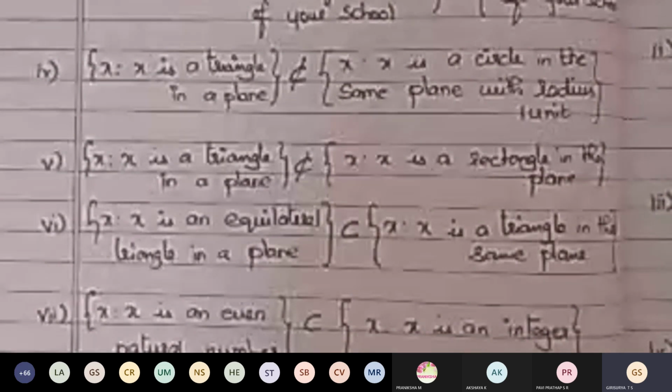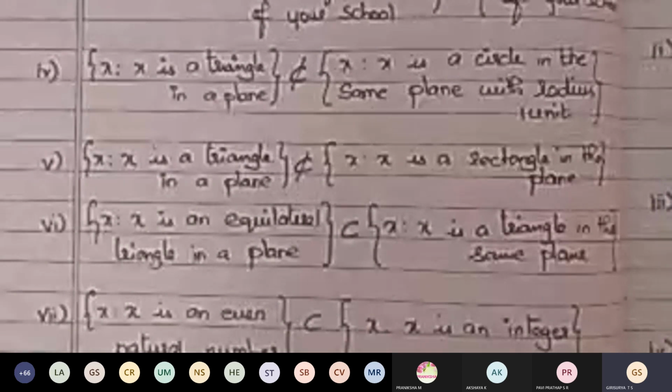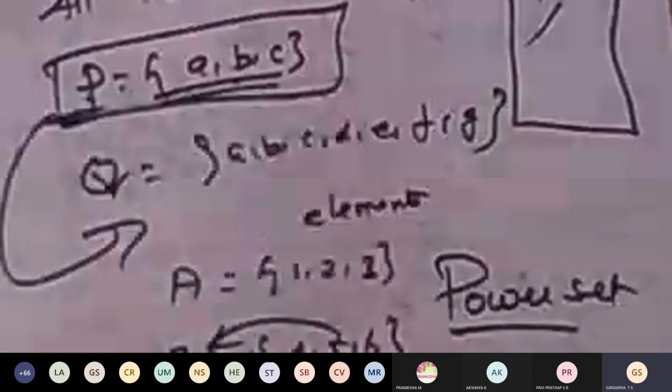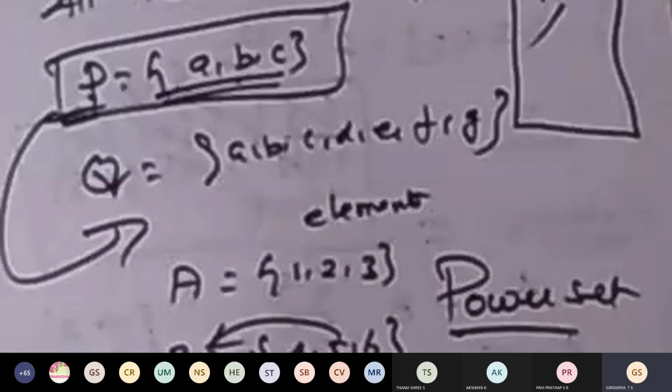You got it. X is a circle in a plane. What is meant by this? Not a subset. Yeah, very good. Not a subset.